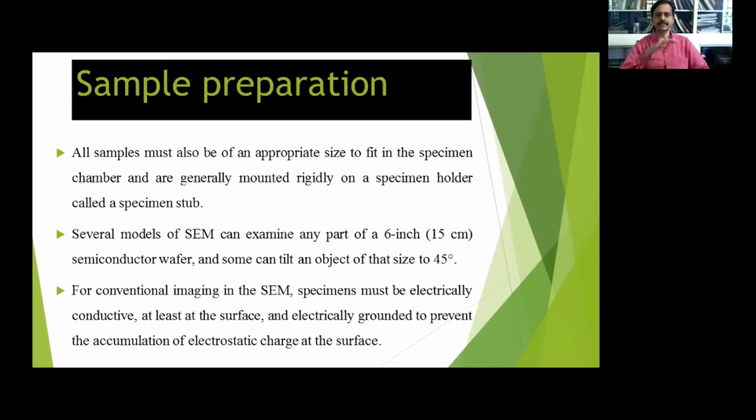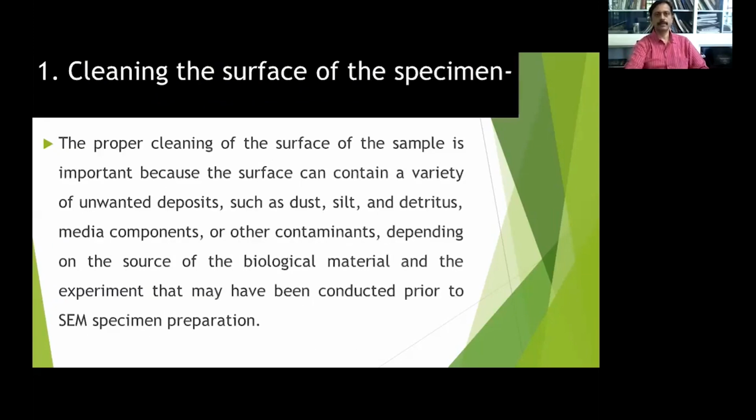At least the surface of the specimen should be made electrically conductive. We also ground this, just like grounding is done for our electric equipment at home. In the same manner, we have to electrically ground the instrument to prevent the accumulation of electrostatic charges on the surface. Now let us see these steps one by one.